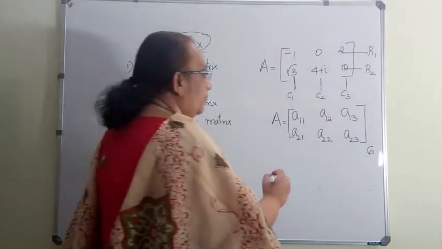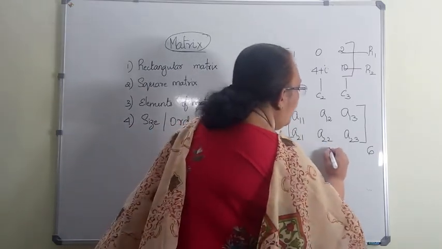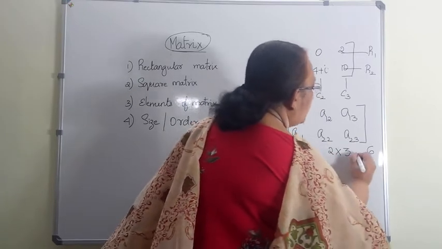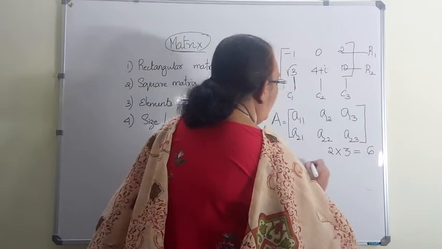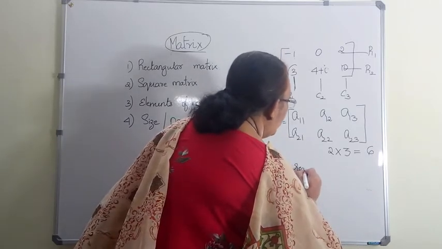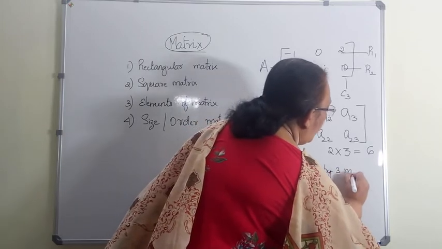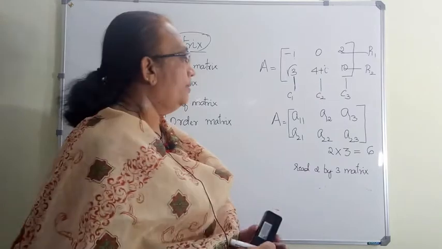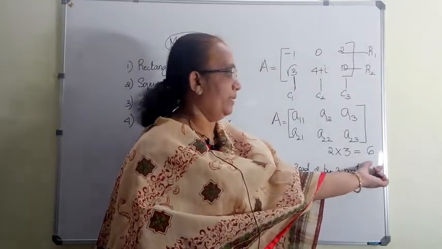Or you can write it as rows first. How many rows are there? 2 rows. And how many columns are there? 3 columns. So the size is equal to 2 into 3, but we read it as 2 by 3 matrix. And this matrix will have 6 elements.